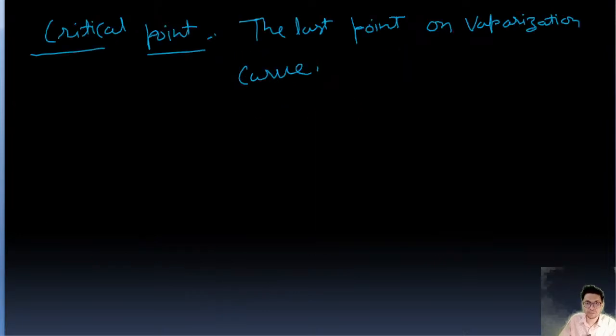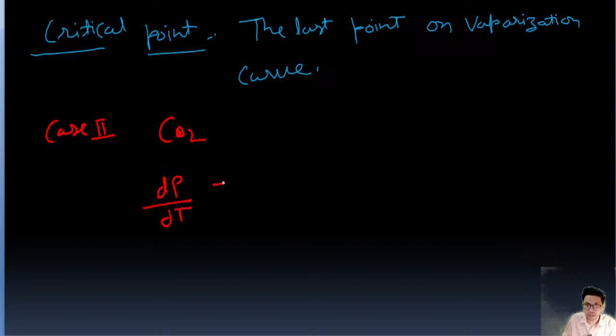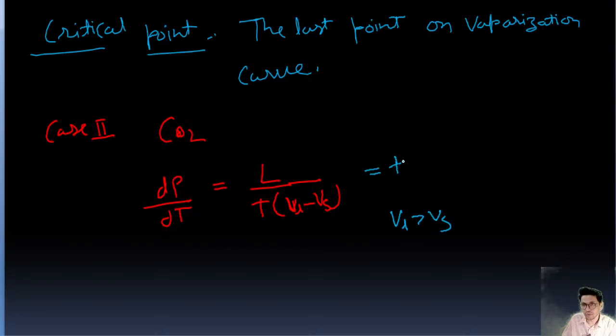Now the case of CO2. For CO2, dP upon dT is equal to L upon T into (VL minus Vs). This is the solid form, this is the liquid form, for melting. In this case VL is greater than Vs, guys, so this term is positive.